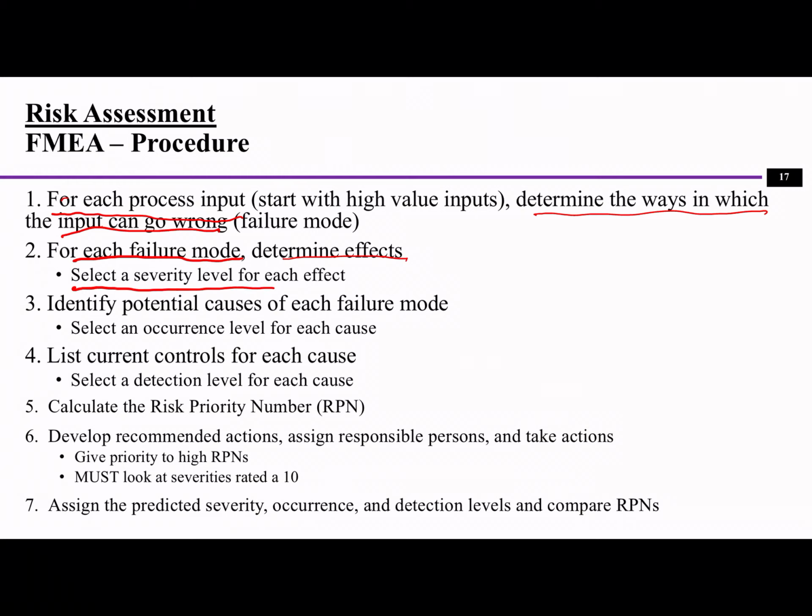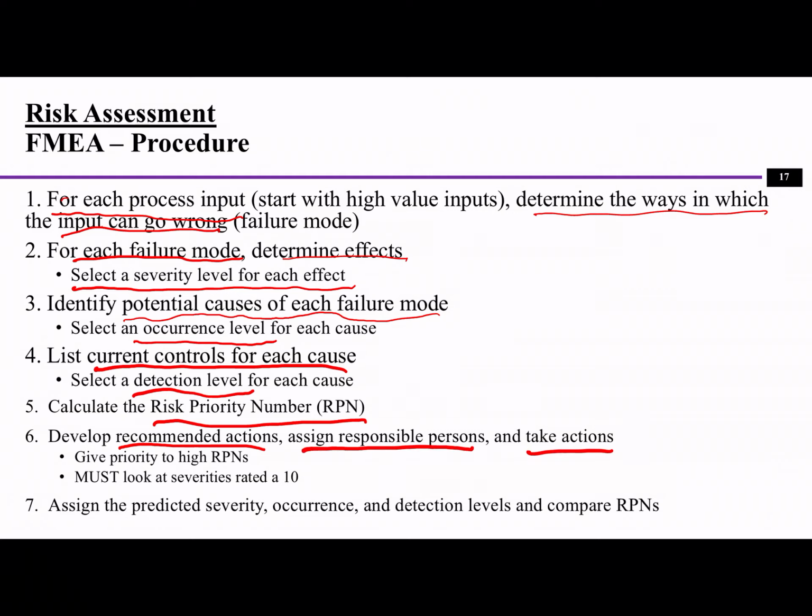So select the severity level for each effect, and then identify the potential causes of each failure mode, and also come up with the occurrence level, which is how likely, or the probability, that it can happen. And list the current controls for each cause. Select the detection level: is it hard or simple to detect? Then calculate the RPN. Then develop recommended actions, assign a responsible person, and also take actions.